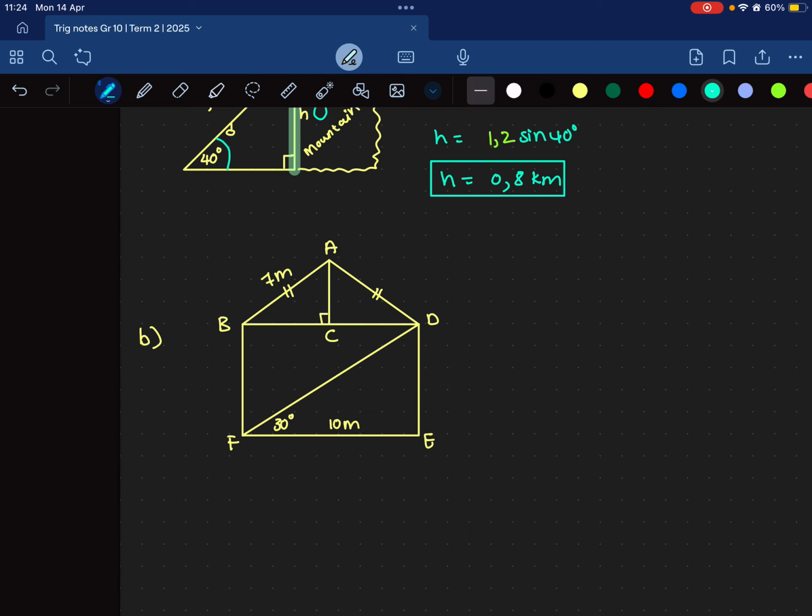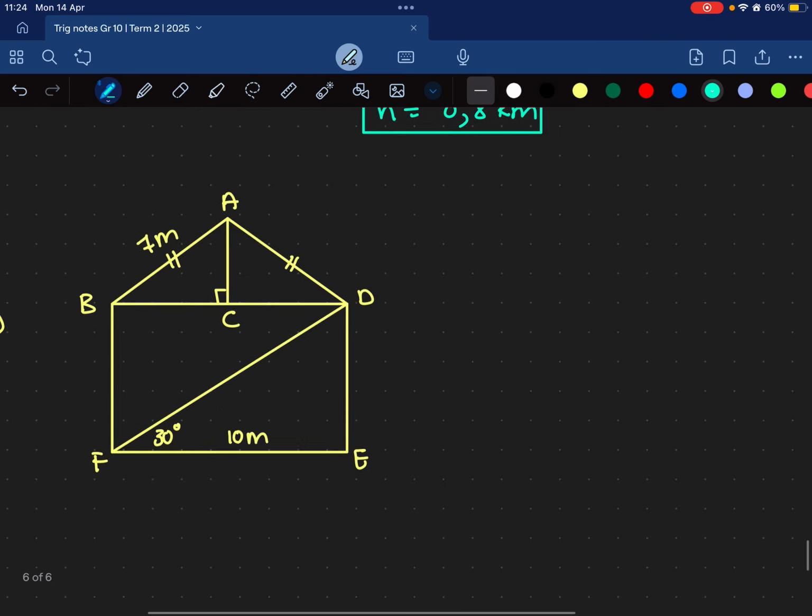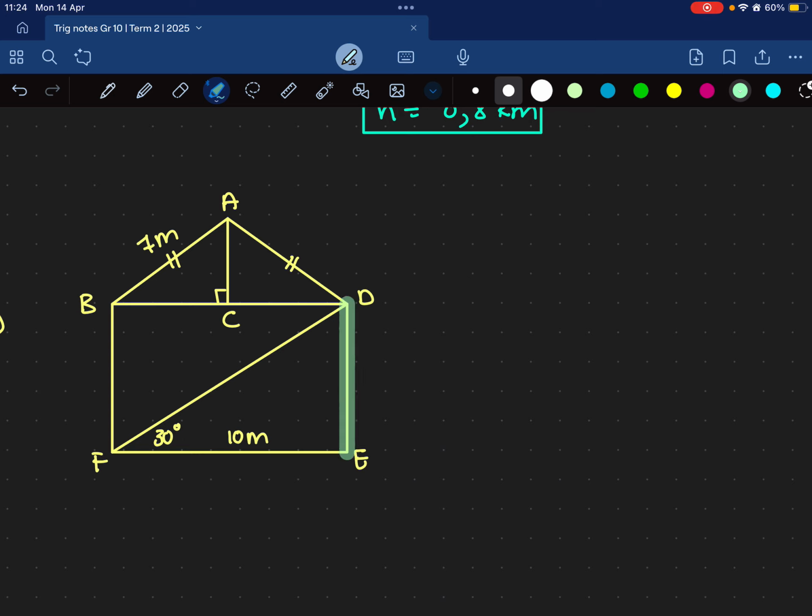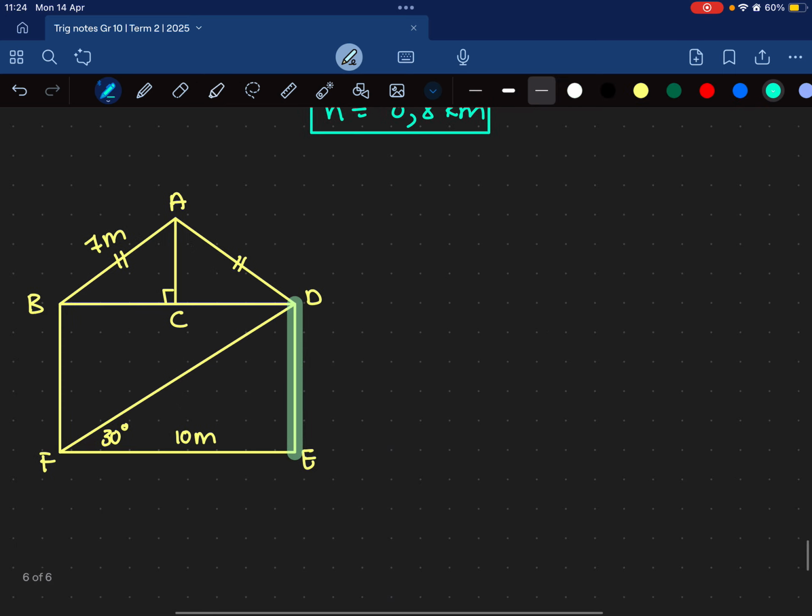So let's have a look. The first question says calculate the height of the vertical wall DE. Okay, so the first thing that they want is the line DE. So of course it's a vertical wall.